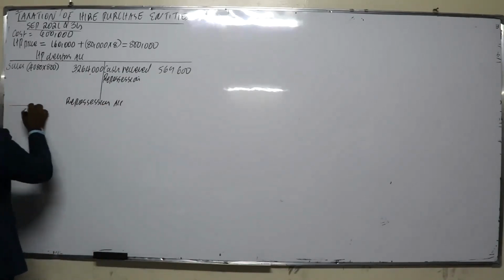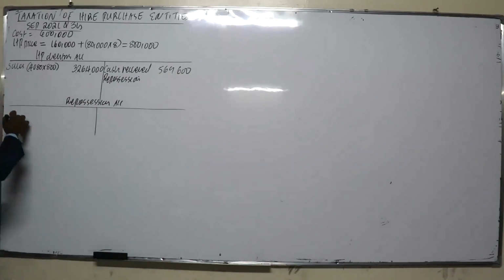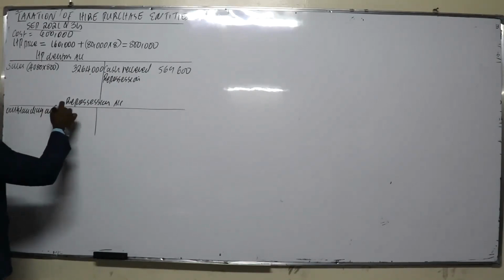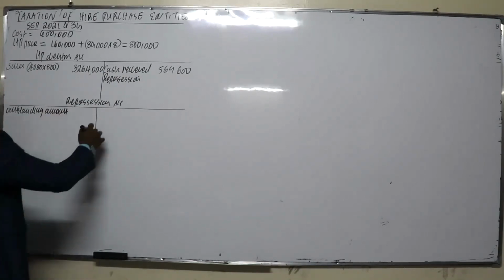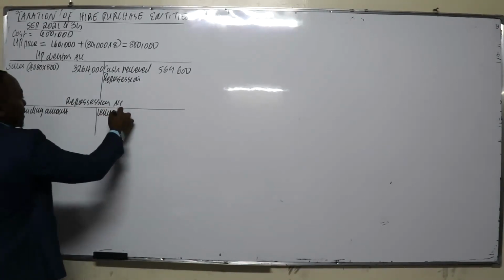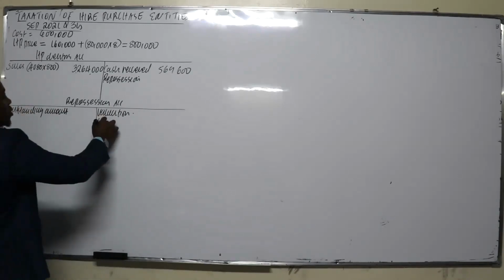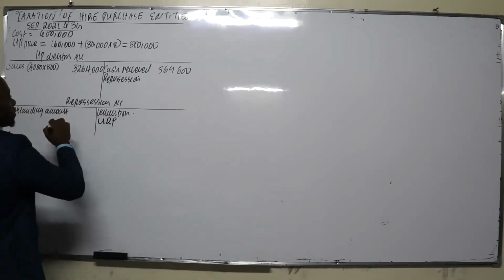You debit the outstanding amount, then you take the item back to stock at a valuation. For the outstanding amount, there is profit you expected to receive but now won't receive. That is what you call the unrealized profit.